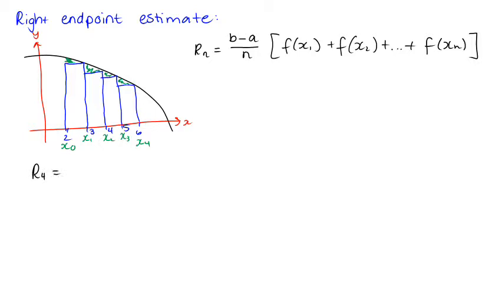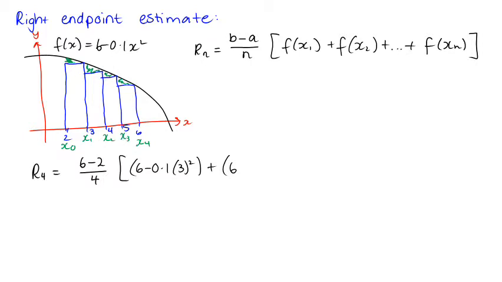So n is still 4. We've still got 4 columns. 6 minus 2 over 4. This was the function. So sub in x1, which is 3, and then keep going until you get to 6.